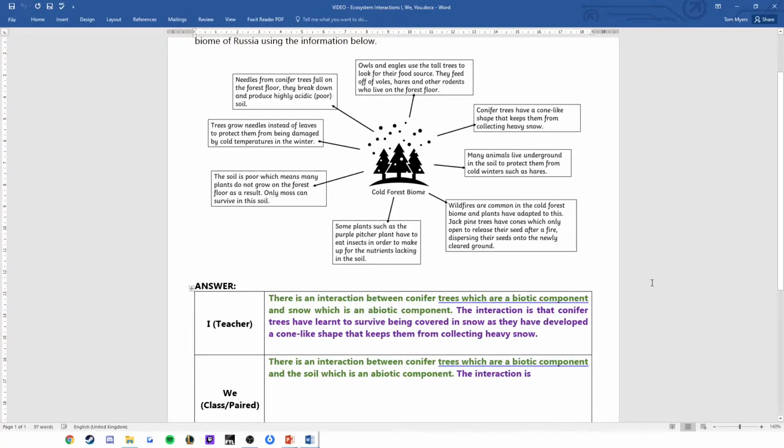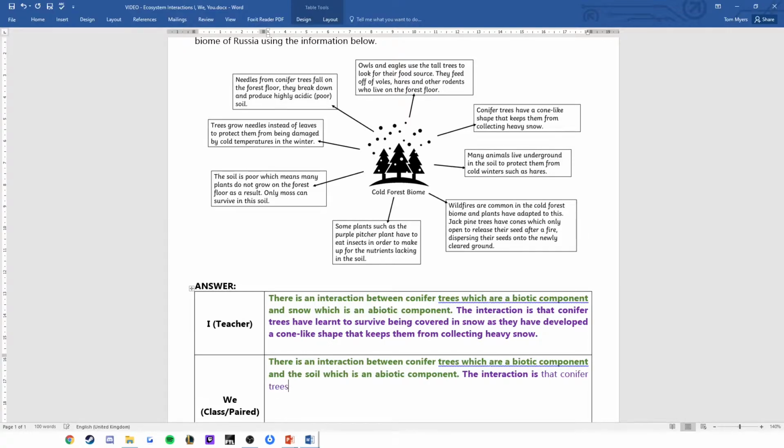Okay, so if we have a look at the mind map, we're looking for an interaction between conifer trees and the soil. So we can have a look at this part of the mind map here. So we could write that the interaction is that conifer trees grow needles.